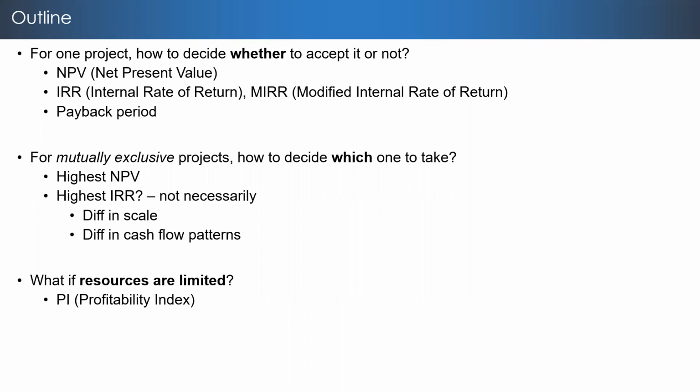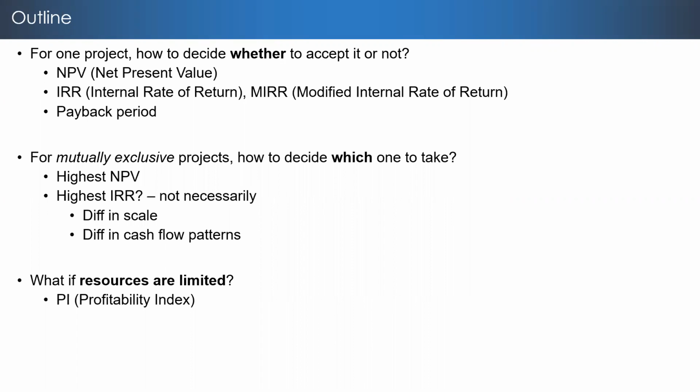If your 3 years of free cash flows can accumulate and pay back your initial investment of $50,000, then by this rule you will take the project. And if in 3 years you cannot collect all your initial investment back, then you reject the project. So this is a simple description of the rule.